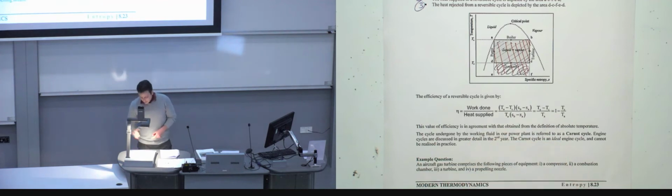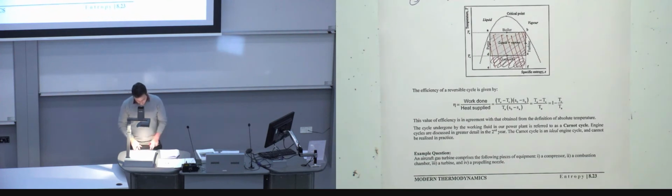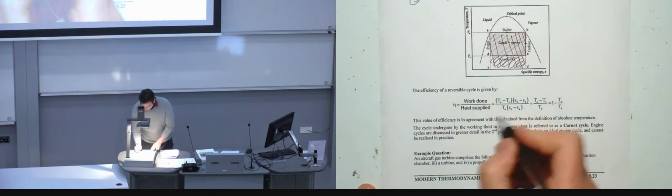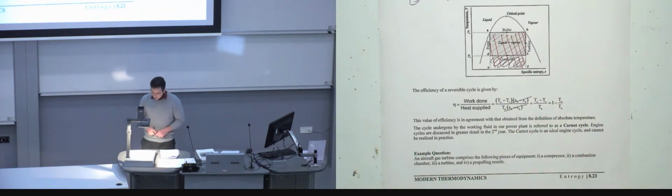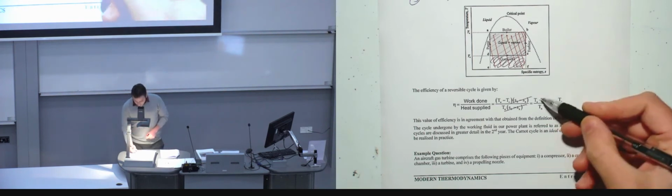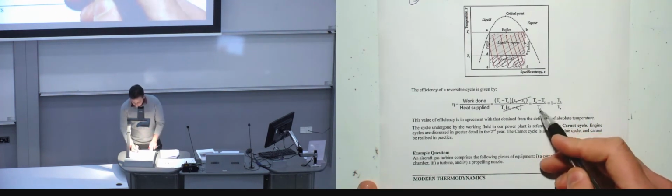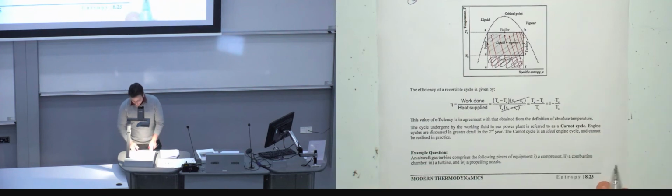And the work done is what you get out of the turbine as a useful work that you can generate electricity with. That and that, as you can see, will be cancelled. And you're left with TA minus TC divided by TA, which is further simplified to 1 minus TC over TA.